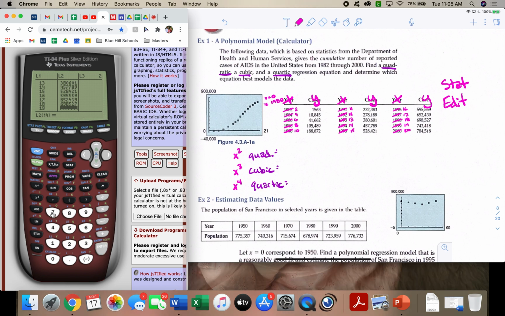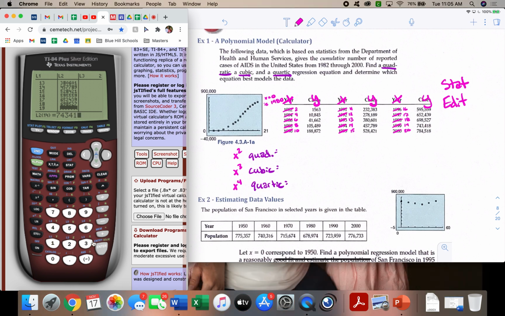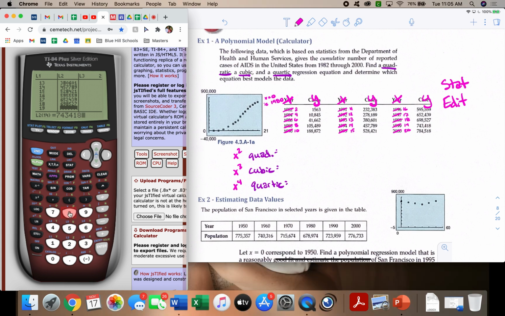Enter. 7, 4, 3, 4, 1, 8. Enter. 7, 8, 4, 5, 1, 8. Enter. Done. Okay. Are we ready? Yes, ma'am. All of them are typed in, ready to go? Yes. Okay, we're going to say, calculator, make me an equation, go.